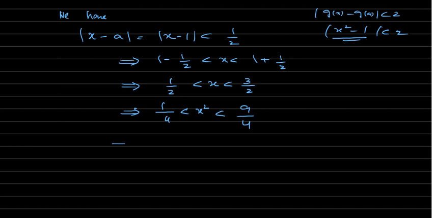Let's subtract 1 throughout. 1 by 4 minus 1 is less than x square minus 1 is less than 9 by 4 minus 1.